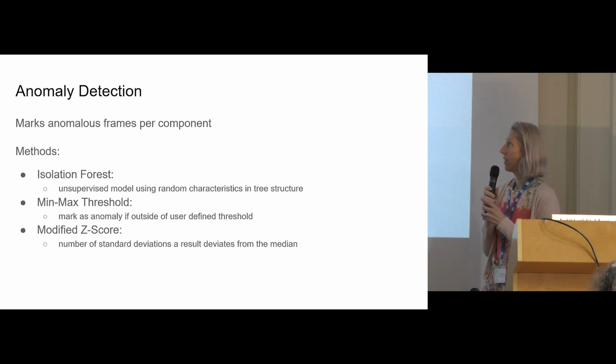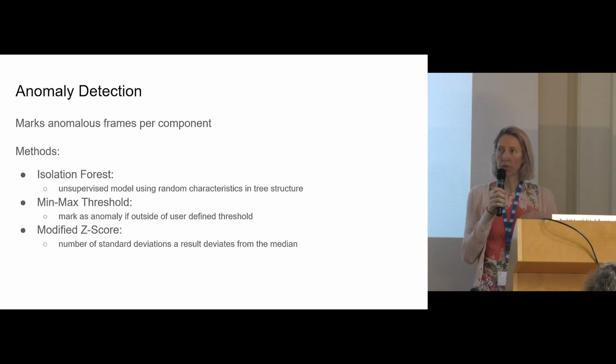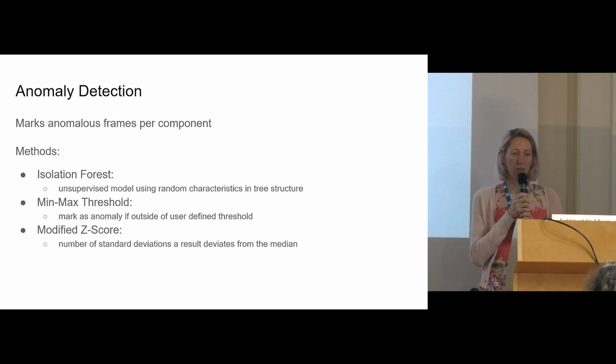The anomaly detection basically marks each frame or each value in the time series as anomalous or not anomalous. For now, we implemented 3 different approaches. The isolation forest is an unsupervised method which builds a tree structure, and depending on where the leaf in this tree structure is, it's marked as anomalous or not. The min-max threshold is very basic.